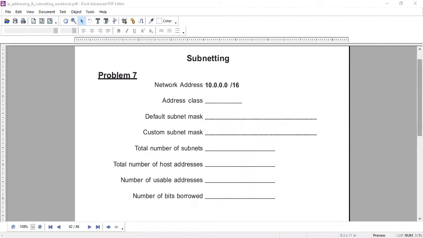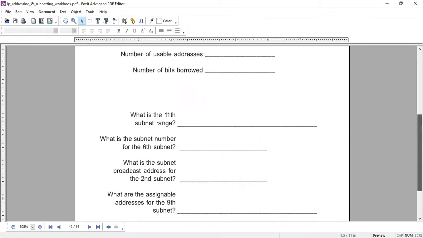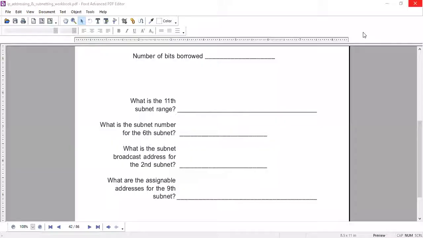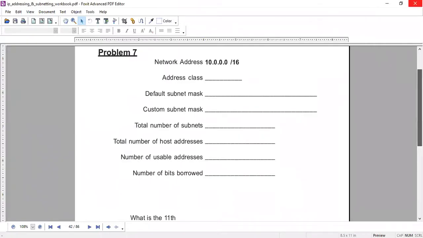Then okay, find out these values also. The address is given, 10.0.0.0/16.